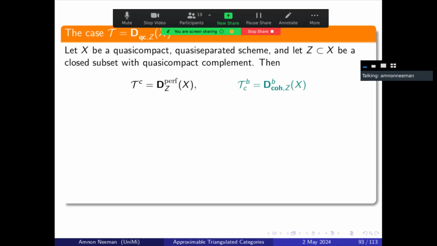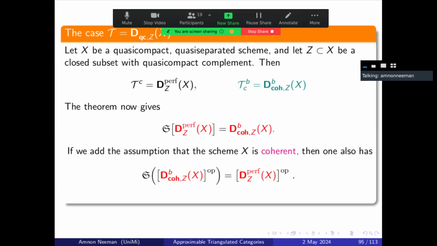And if X is a Noetherian scheme, you can go back and forth between the perfect complexes and the bounded complexes of coherent sheaves. Very early on in the talk, I told you that this was surprising. These were viewed as very different. The experts used to argue about which one was better.